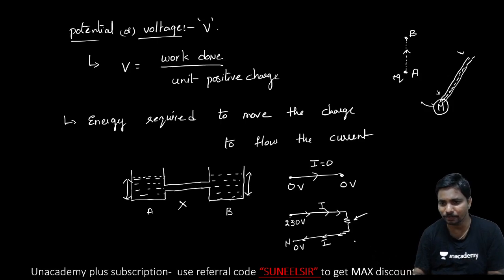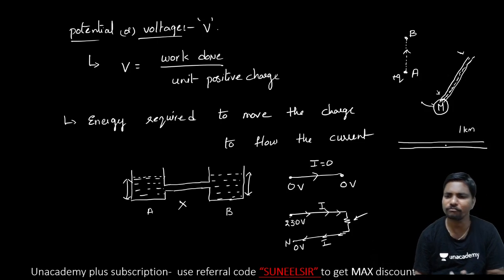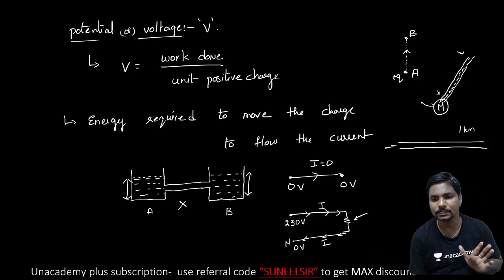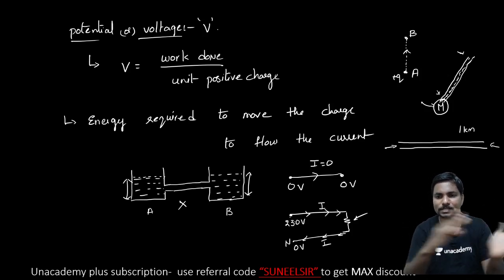For example, we can also understand this: if we have a perfectly horizontal tube of 1 kilometer, here same pressure, here same pressure, then water will not flow from one side to the other.